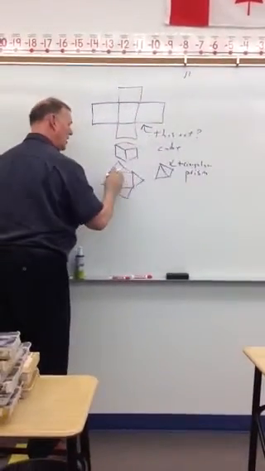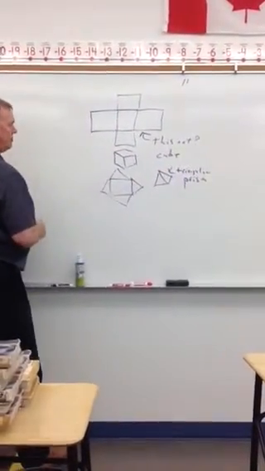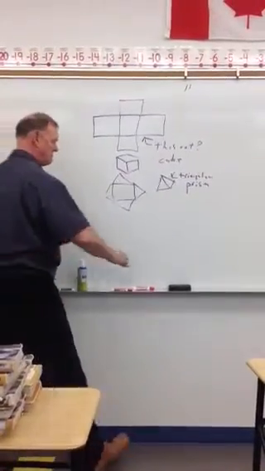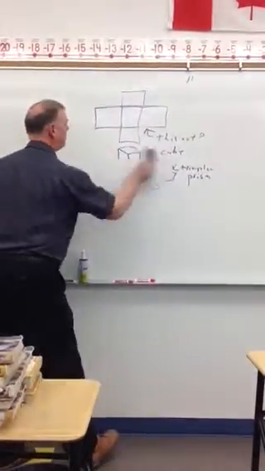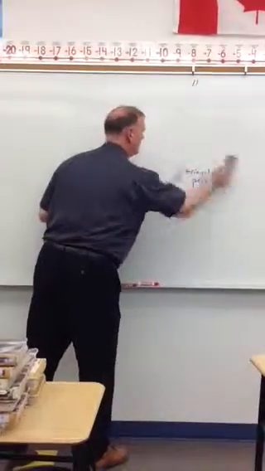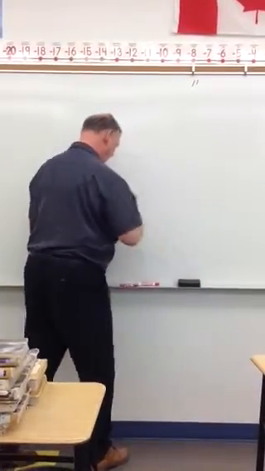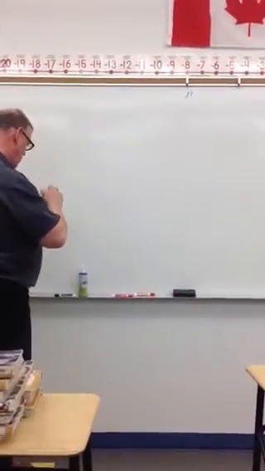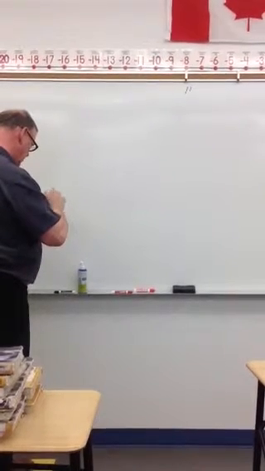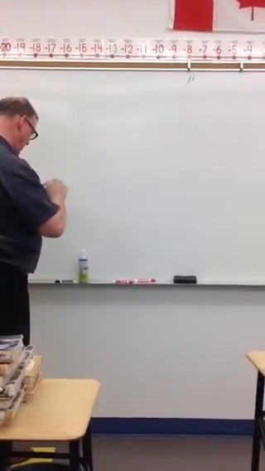This is a cube. This is a triangular prism. And so on, okay? So those identifying nets take you through the next, there's 5 of them on there, okay?